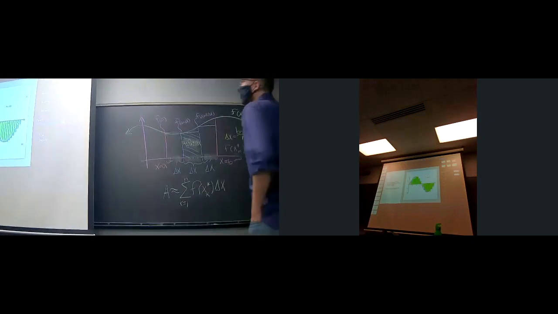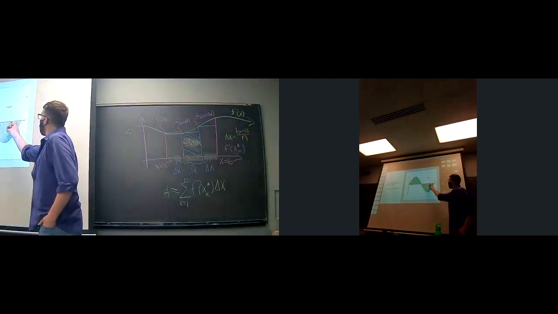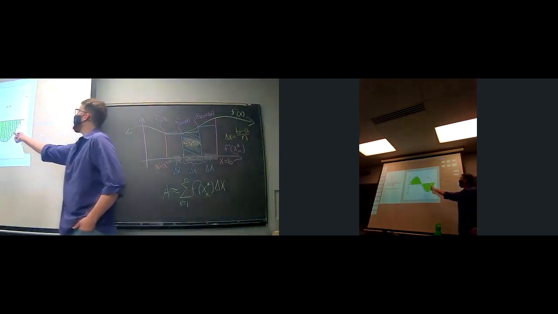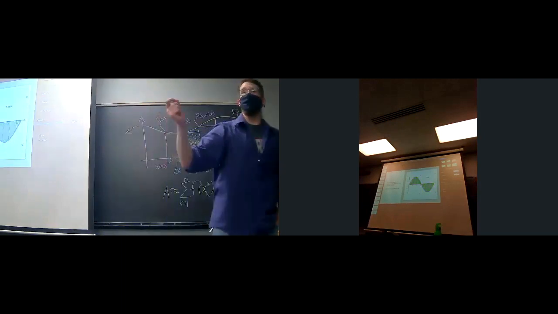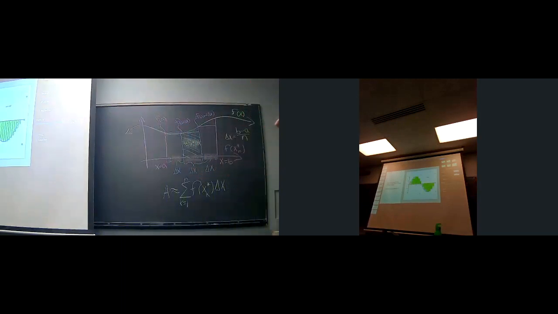So, having said that, I want you all to consider this question for just a second. As we take the width of each of these rectangles and send them smaller and smaller and smaller, our approximation is going to get better and better and better, right? What does this sound like to y'all?